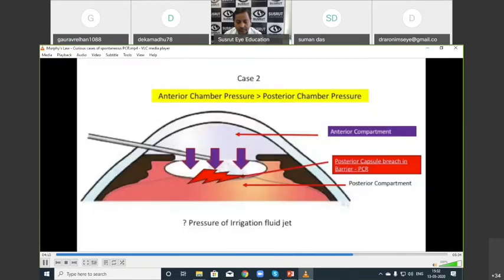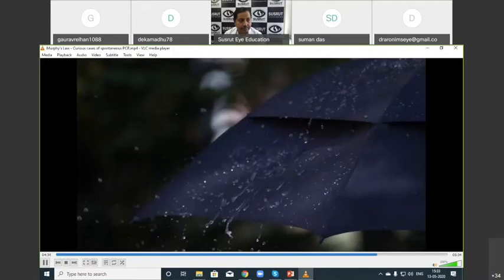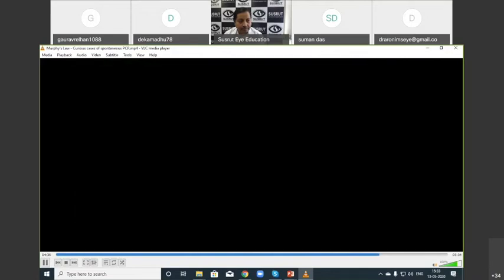In the second case, we propose that the jet of irrigation fluid from the irrigation cannula caused a momentary imbalance in pressure in the anterior compartment and led to a breach in the capsule. Just like this.